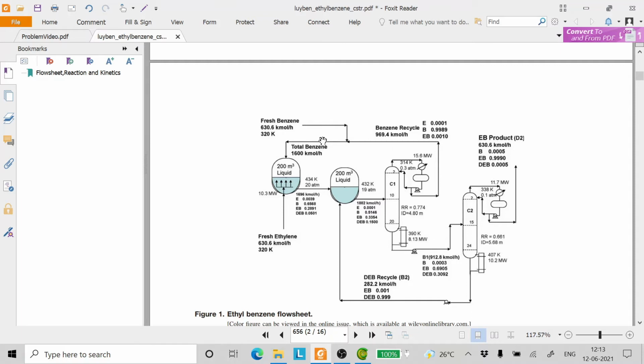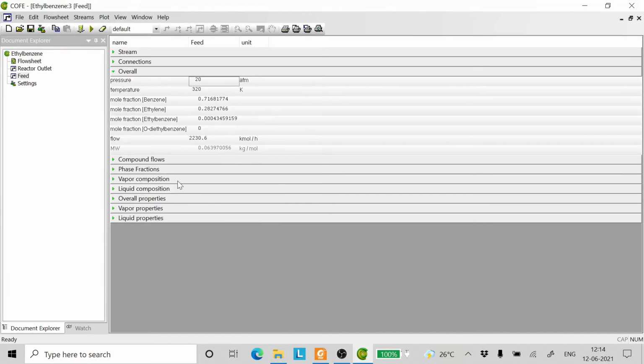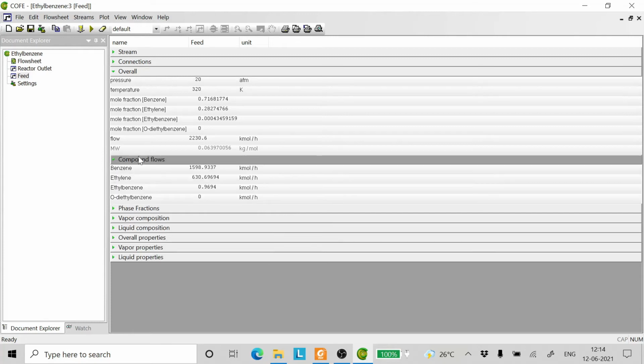We take these amounts and enter them in feed stream number 1. The pressure is 20 atmospheres. The temperature is 320 Kelvin.